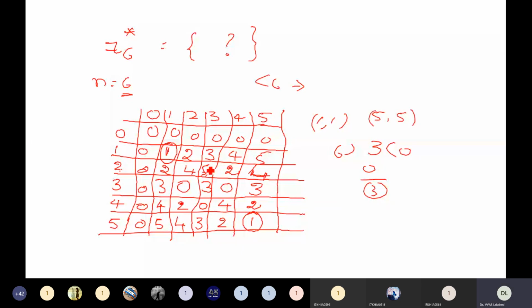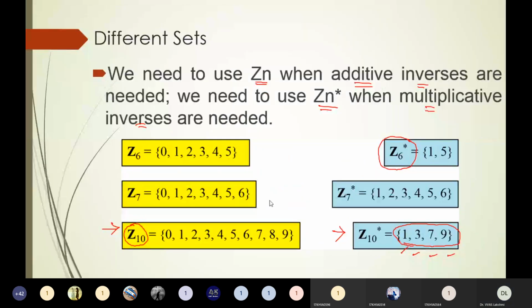So what are the distinct elements? 1 comma 5. So Z6 star we will write as 1 comma 5. Okay, do you understand the process? Yes, ma'am. Okay. So here Z6 star is equal to 1 comma 5.